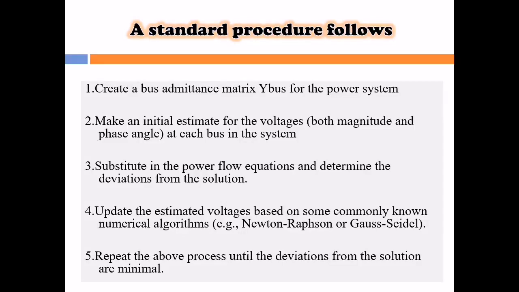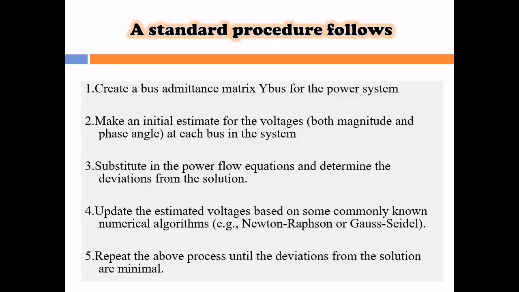Again substitute for the next updation. Likewise it is to be continued till you get the error exactly 0. If the deviation between the previous value and present value is 0, that is called the convergence of the system. That is the perfect solution of the system.